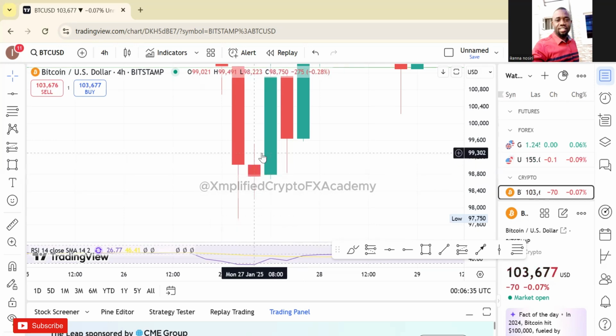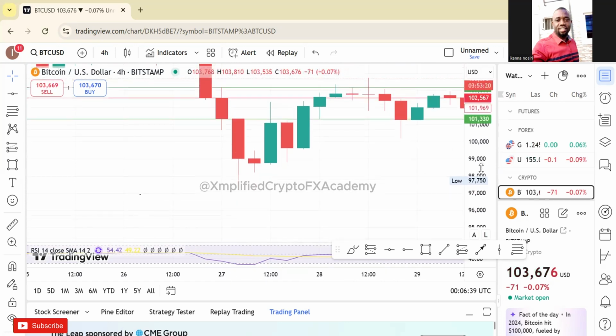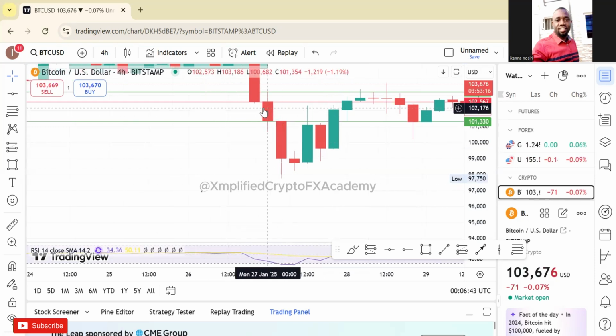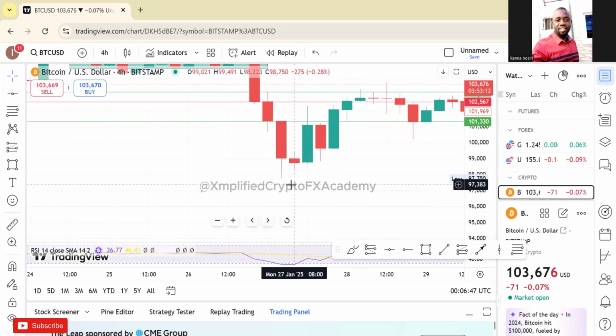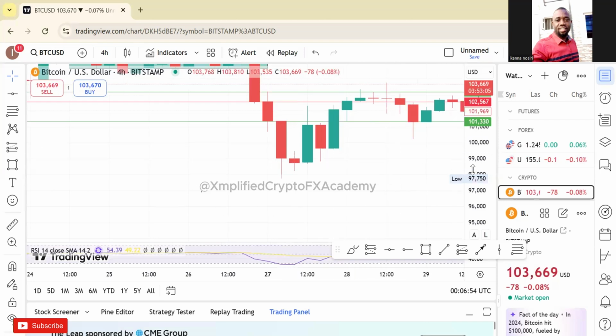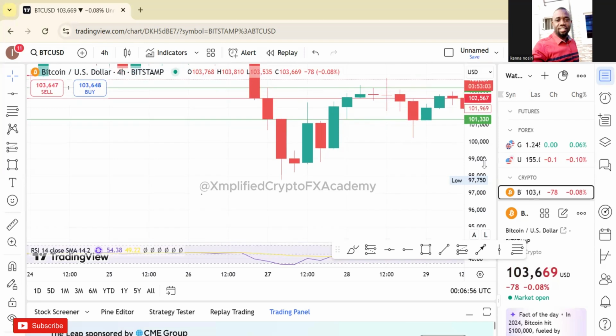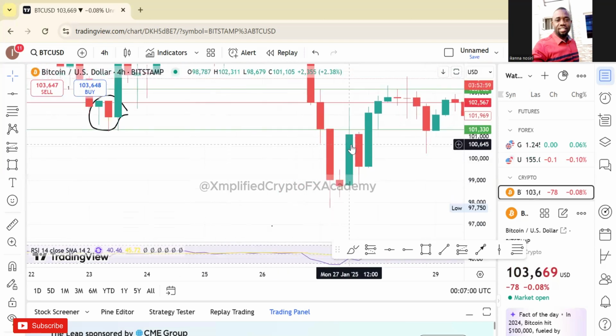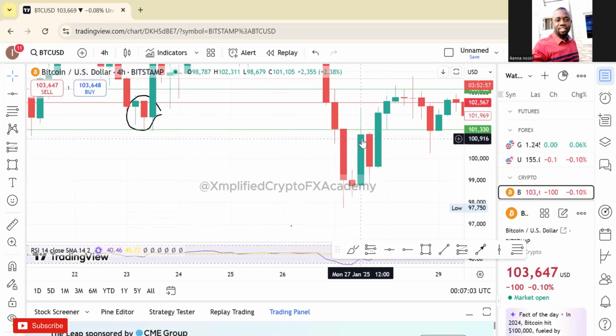If you look at this candle, and this candle, and then you see this one and this one, this is a preparation that it's time for the sellers to stop. So this is a sign of a bullish engulfing candle.